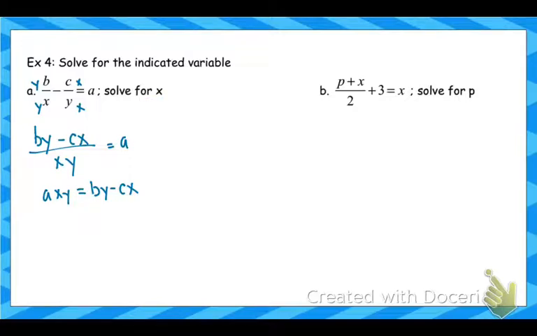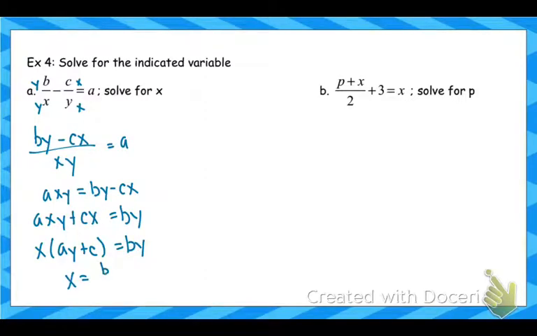So in order to get x by itself, just like we did with inverses, I'm going to put everything with an x on the left side, every term that does not have an x on the right side. Then at this point, I can factor out the x. And then to solve for x, I can just divide by what's with it. So kind of similar to what we did with inverses.